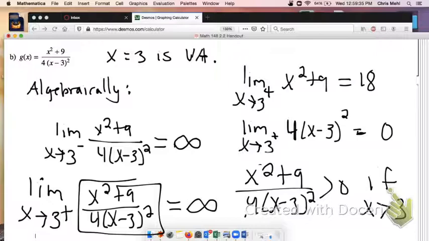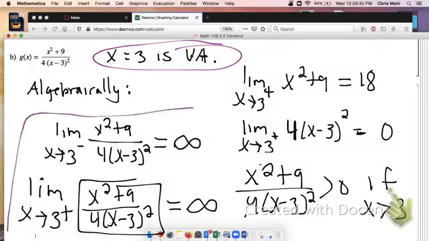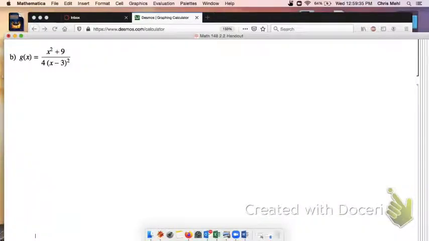So the left and right hand limit would be infinity. Now, that's just a verify. So again, this is the answer. This was a check. x equals 3 is a vertical asymptote because one of those two left or right hand limits was infinity or minus infinity. Now let me give you another one where maybe I'll just make up another function.